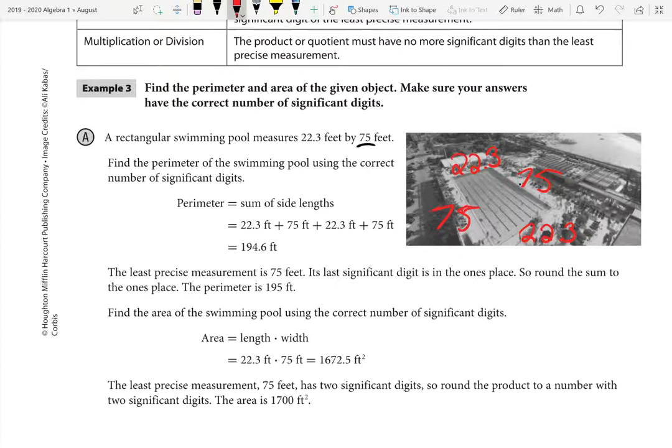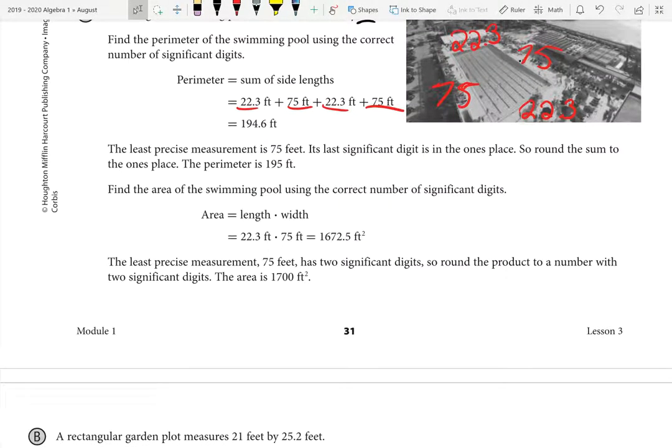So there's your pool. So the perimeter is adding up all the lengths. So you add up 22.3 plus 75 plus the other 22.3 plus the other 75, because a rectangle has 4 sides. The least precise measurement is 75. We mentioned that already. And that 75 has 2 significant digits.